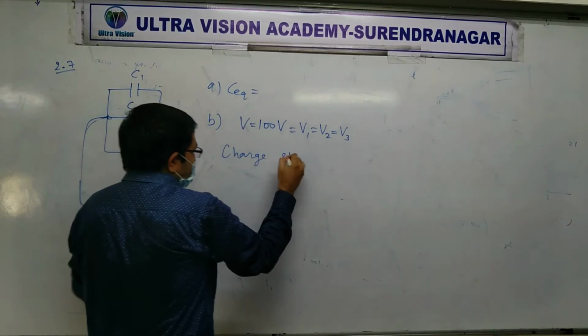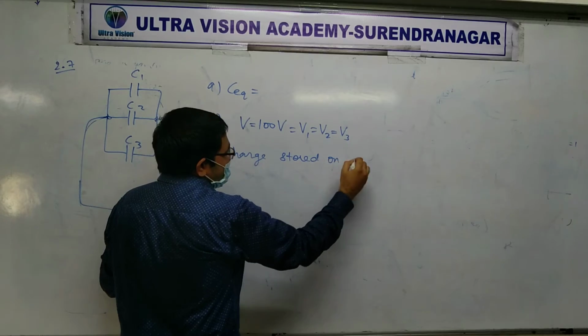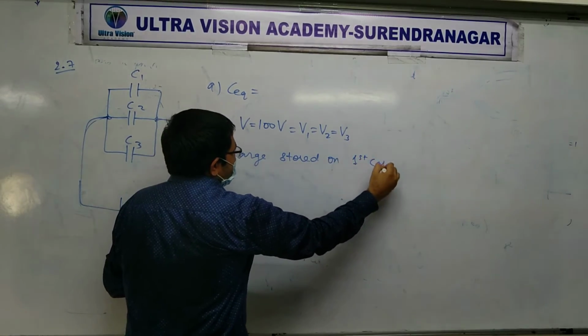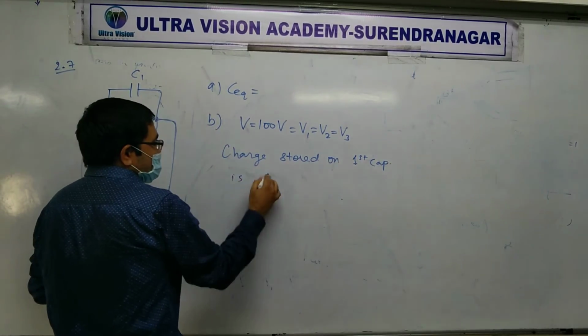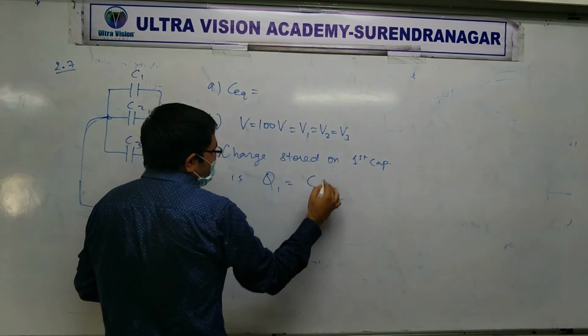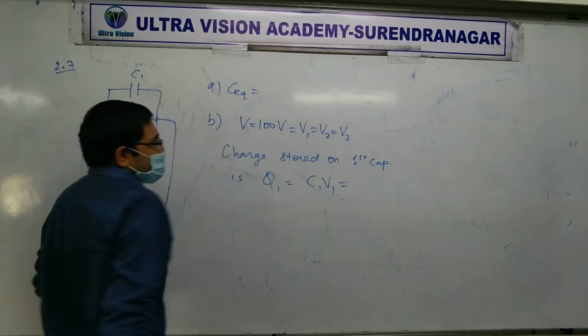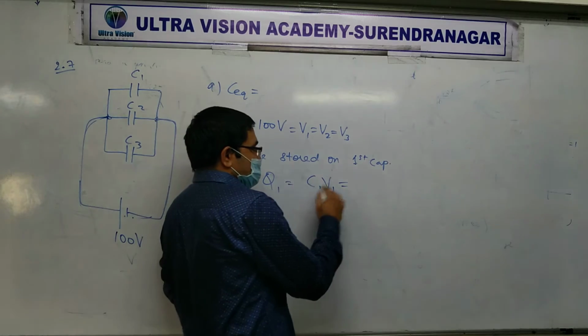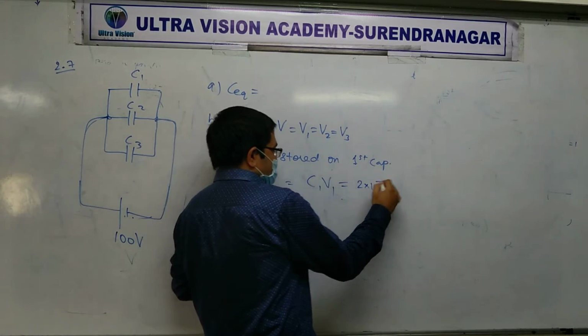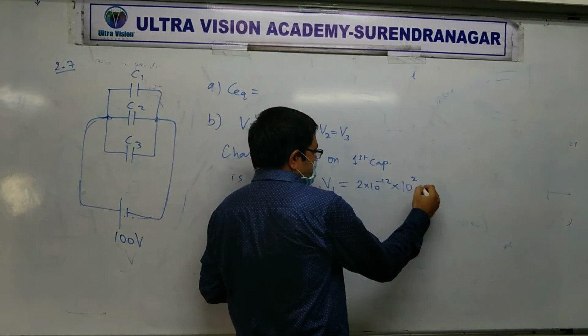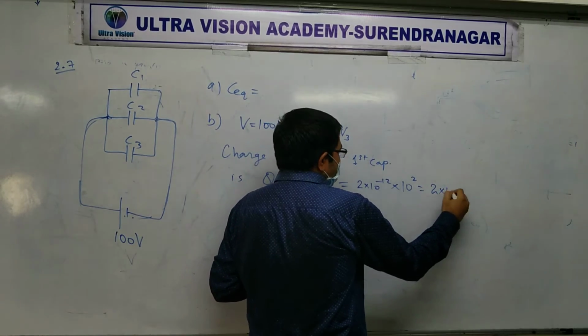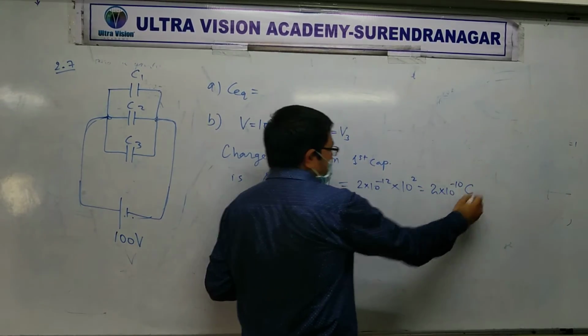Okay, now we want to find charge stored. You have to write this in the exam: charge stored on the first capacitor, or C1, write first, is Q1 equal to C1 V1. How much is this? 2 into 10 raised to minus 12 into voltage 100. That's 10 raised to 2. So my answer will be 2 into 10 raised to minus 10 coulomb.